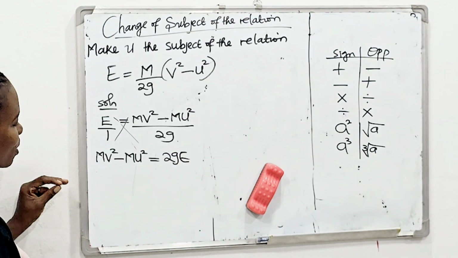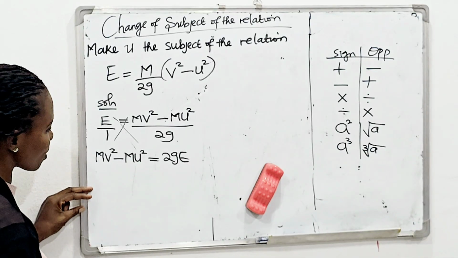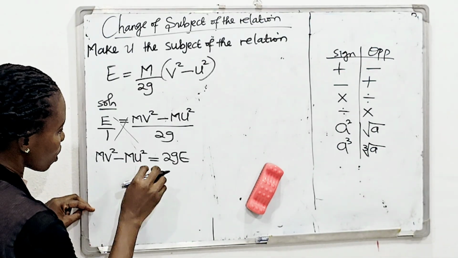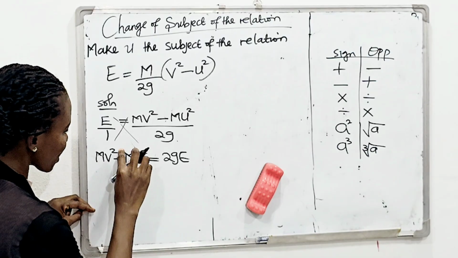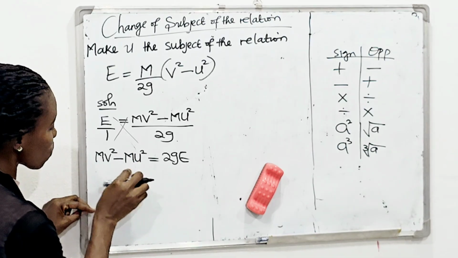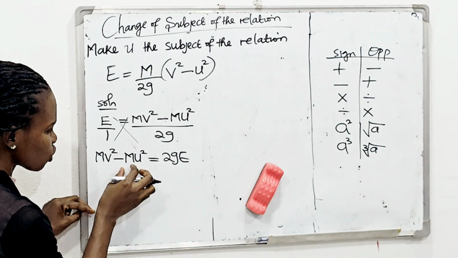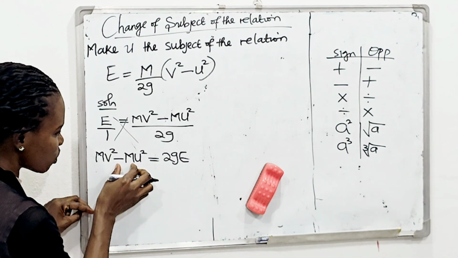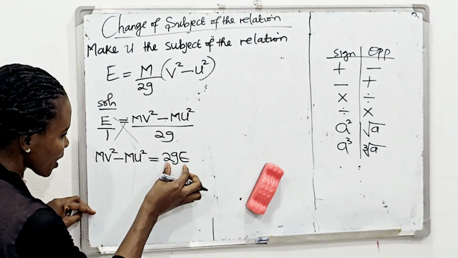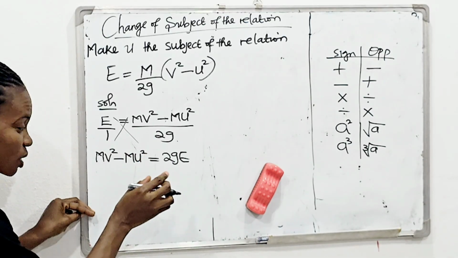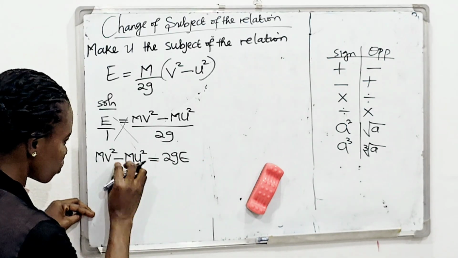So the next thing I'm going to look at here is, I want U, because U is the one I'm making the subject of the formula. So I want U to be positive. And for U to be positive, let me carry U, move it to this place, then carry this one, move it to this side, so that U can be positive. Is that understood? So let me move U to this side.